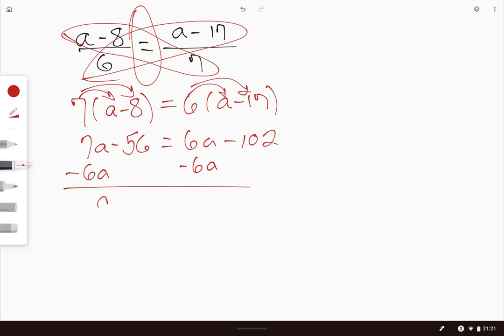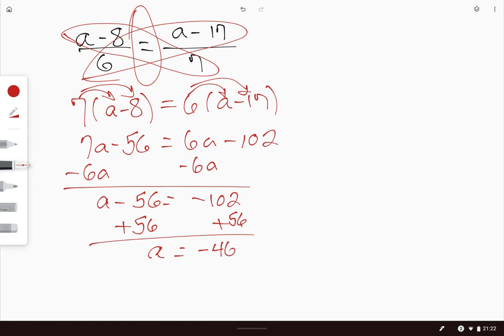So 7a minus 6a is going to be a, minus 56 equals a negative 102. Then I simply add 56 to both sides, and a is going to equal a negative 102 plus 56, which is a negative 46. So that would be your answer to this equation: a equals negative 46.